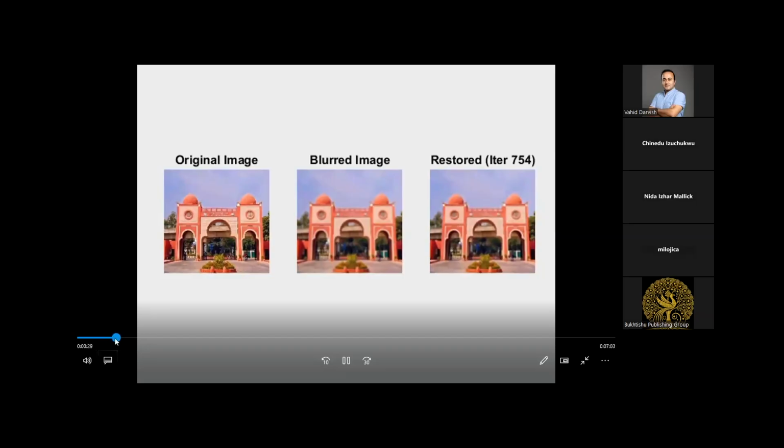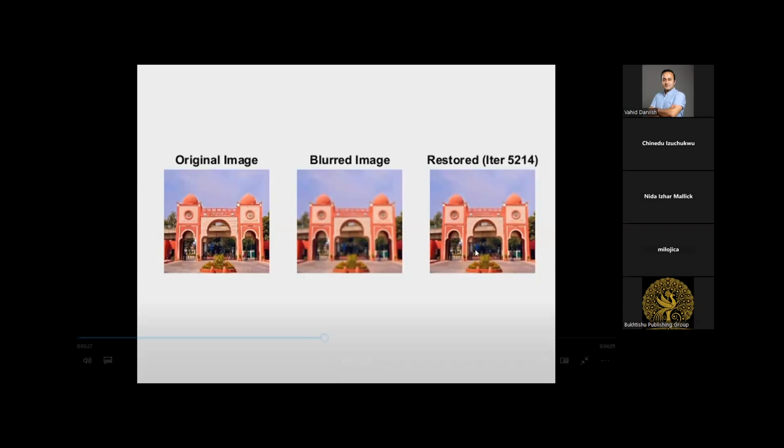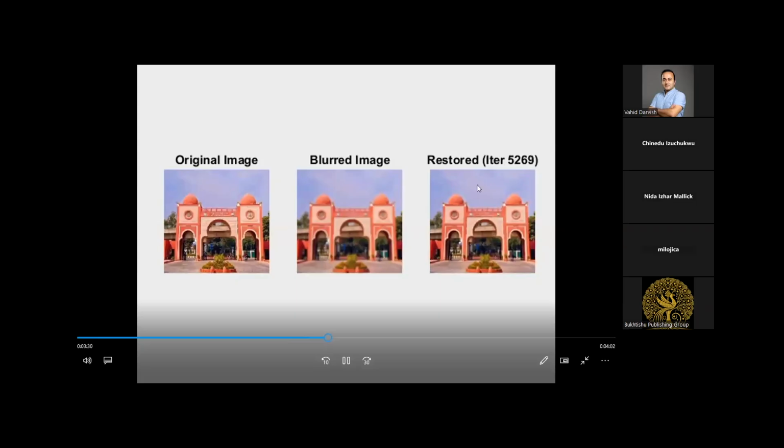So for convenience, I can increase the step here. So yes, here the image is getting closer to the original image, showing the convergence of the points to the original points. Further, if I increase it, at 9,000, it is getting much closer to the original image.